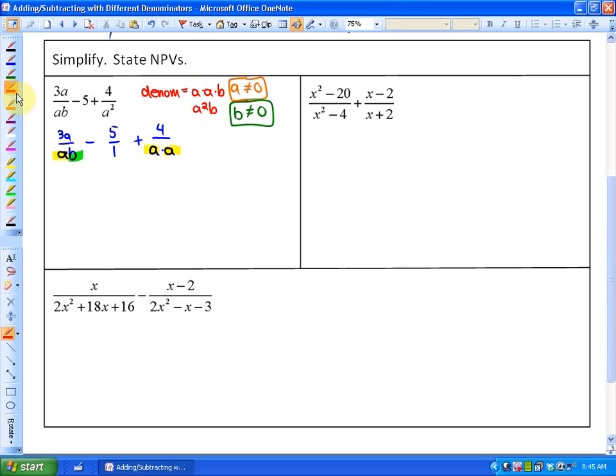In order to do that, what we'd have to do, and I'll use different colors in each case, is multiply each expression by its missing factors. So our first expression here is going to have to be multiplied by, and maybe I'll use a dot instead, just so you're not confusing anything with that. It has to be multiplied by a because we need a pair of a's. Our second particular rational expression needs all the parts of your common denominator, so times a times b, and our last rational expression is missing a b, so let's multiply it by b.